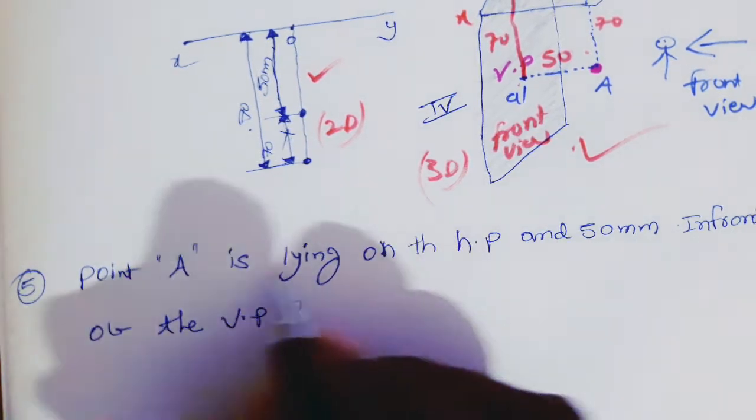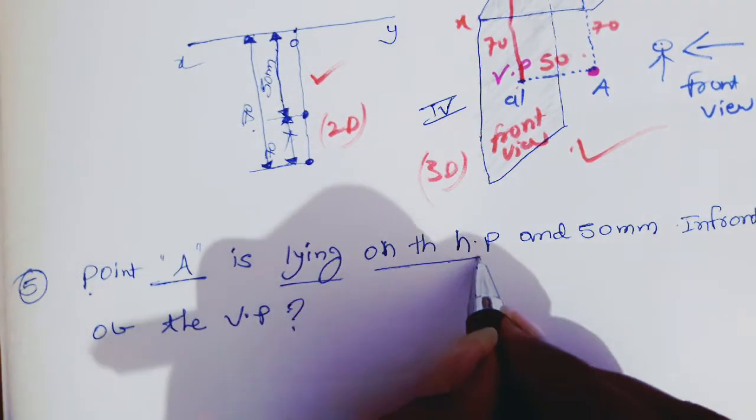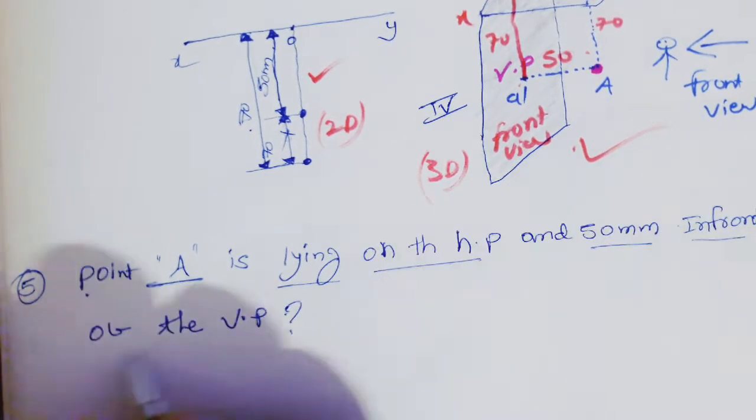So see, A is lying on the HP, 50 mm in front of the VP.